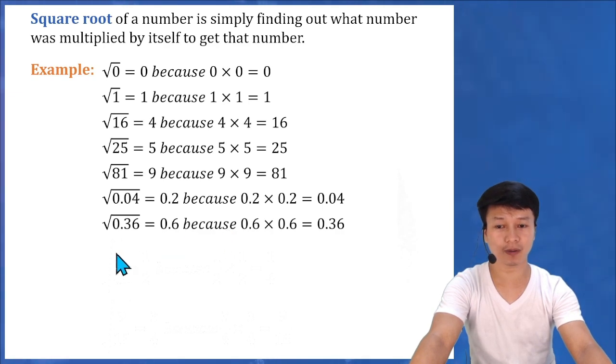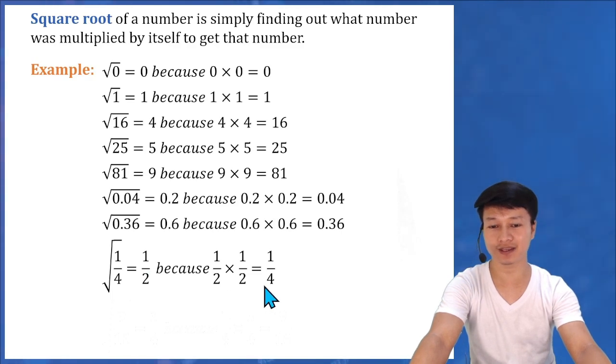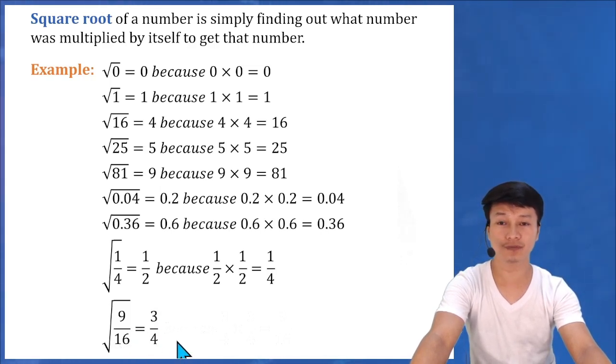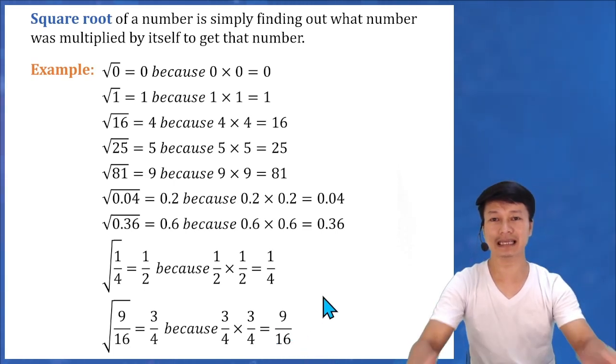Same thing if we talk about fractions. We have the square root of 1/4 is equal to 1/2 because 1/2 times 1/2 is equal to 1/4. While the square root of 9/16 is equal to 3/4 because 3/4 times 3/4 is equal to 9/16. So as easy as that.